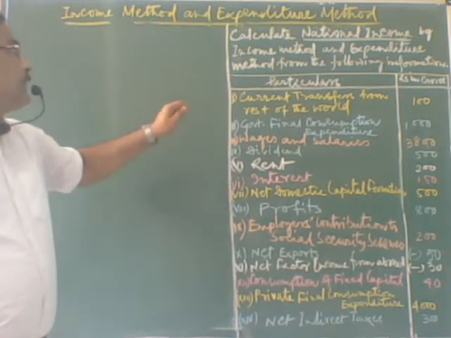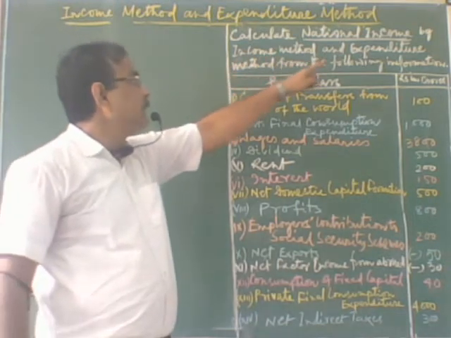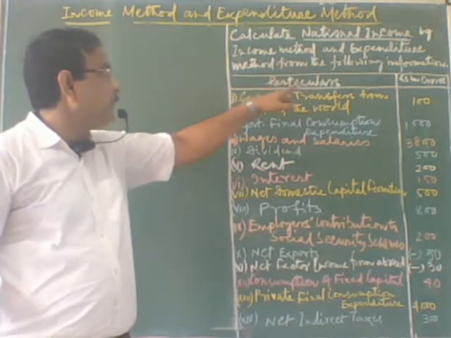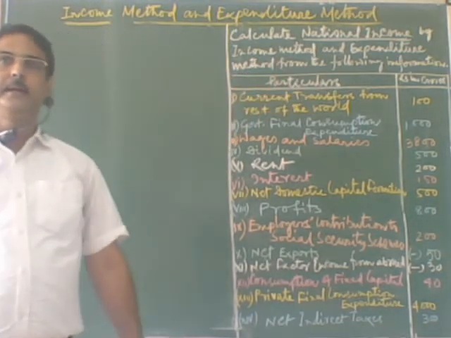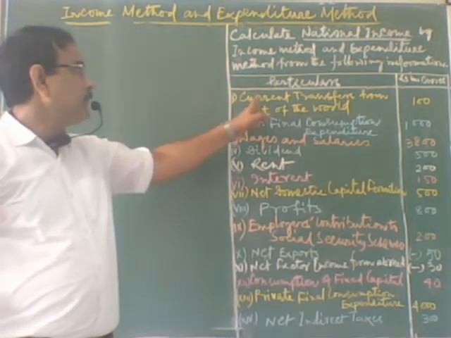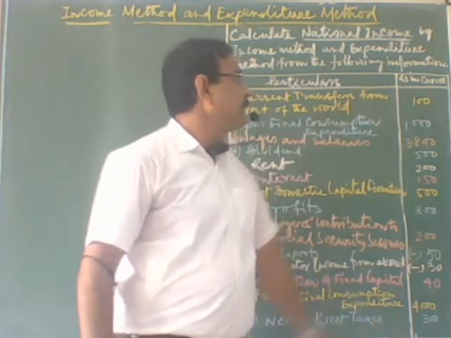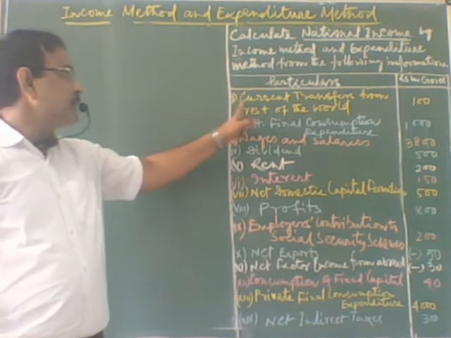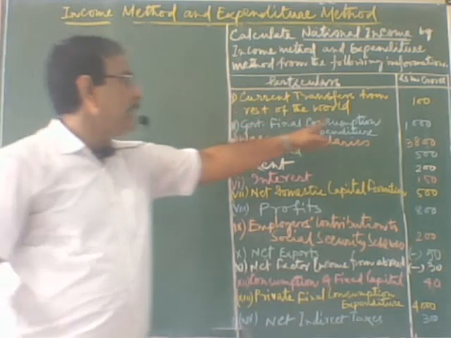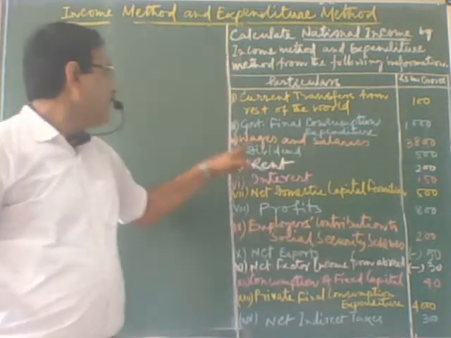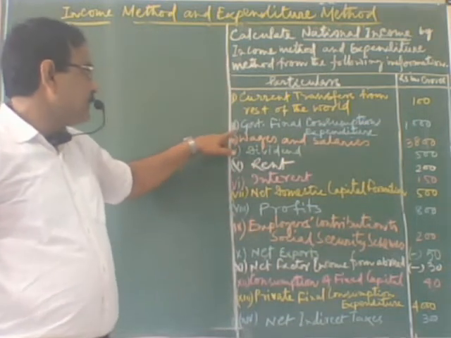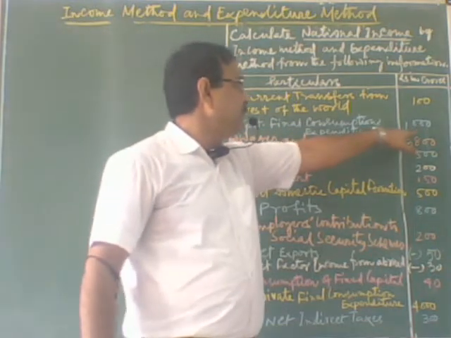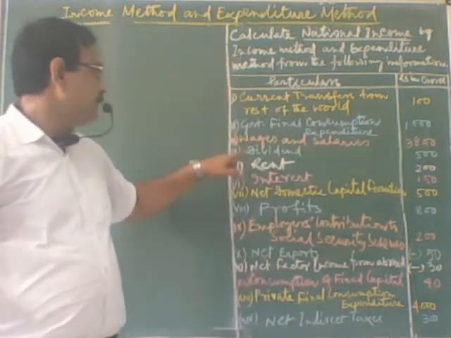Here the problem is: calculate national income by income method and expenditure method from the following information. The particulars and rupees in crores are given. Current transfer from the rest of the world is 100. Number 2, government final consumption expenditure is 1000.